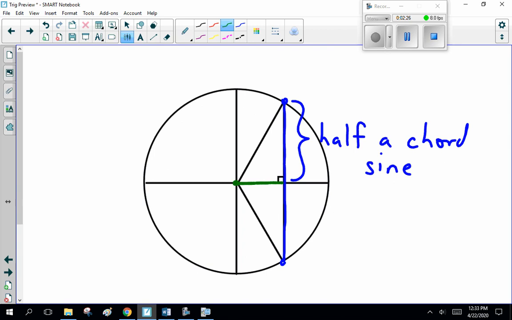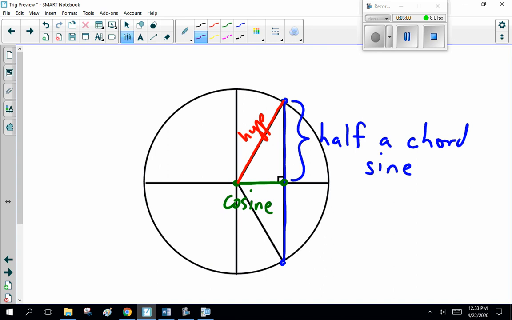Here, the distance from the center to the edge, or to the chord, this line here, is called, oh, I apologize, my ancient Arabic sucks, but the Latin translation of the Arabic word for the adjacent side here is cosine. So you have sine, which means half a chord, and cosine, which means the side beside. And then we have our hypotenuse here. Now, so far so good?